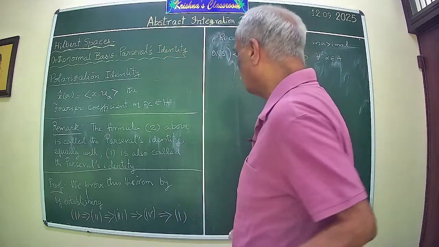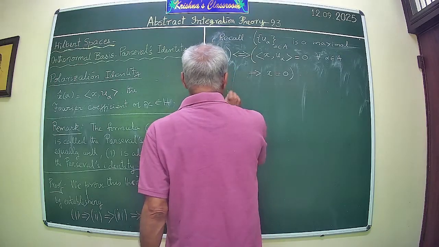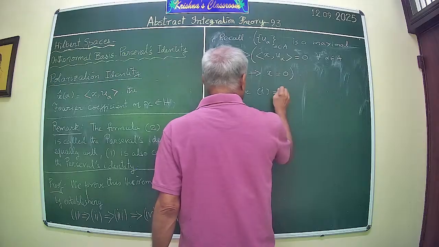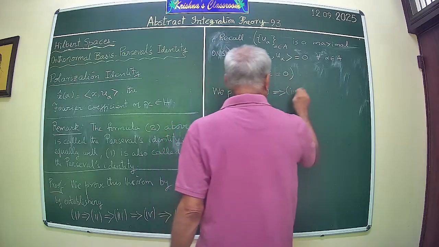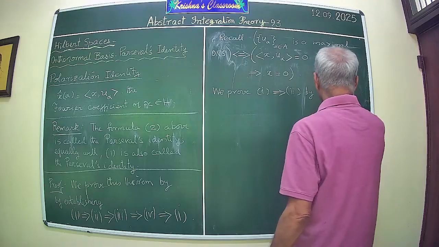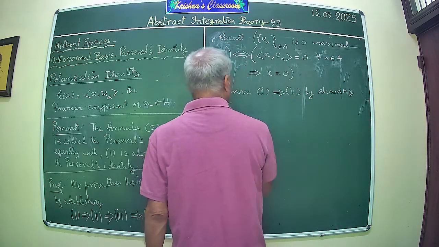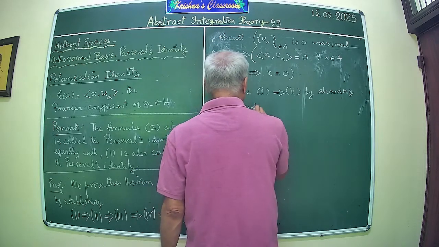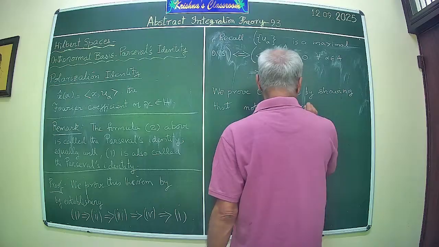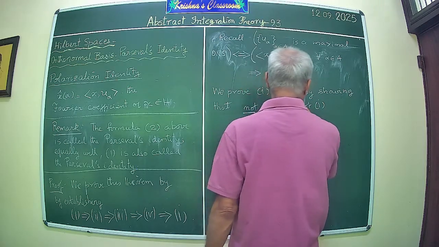So how do we prove this? So we prove by showing that not 2 implies not 1.